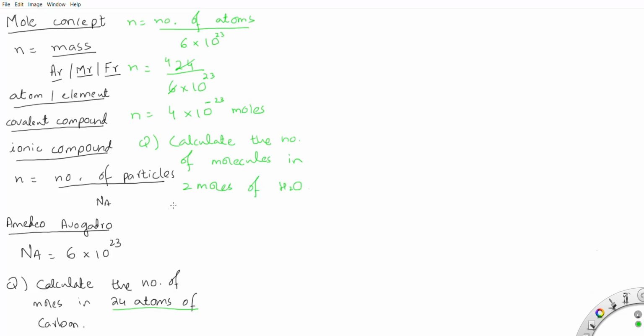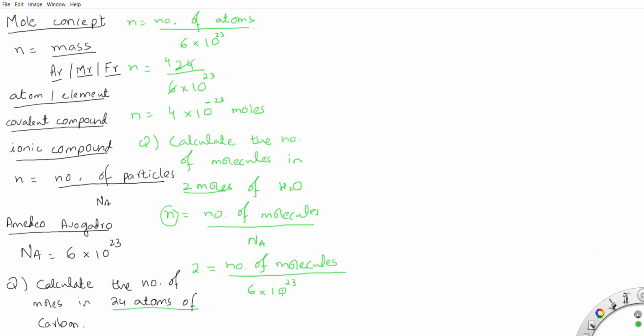Again, we can use the same formula. n is equal to number of molecules, since the question refers to molecules, divided by Avogadro's number. We have 2 moles here, so this is 2. Number of molecules is unknown, divided by Avogadro's number, that here is 6 into 10 with power 23.